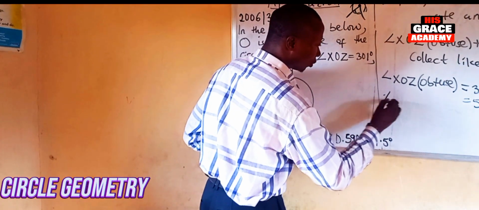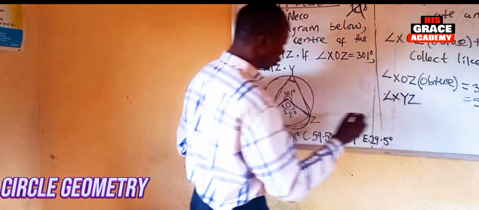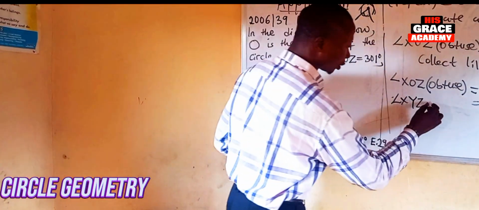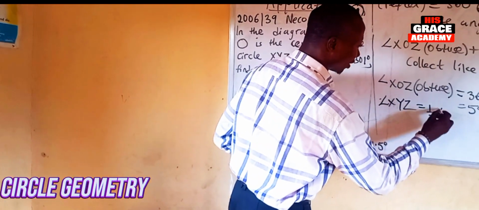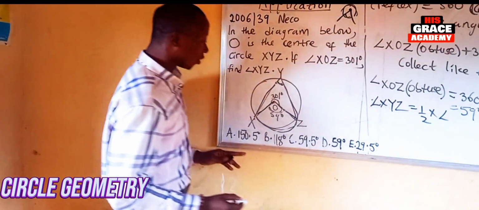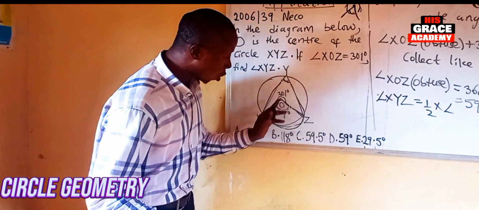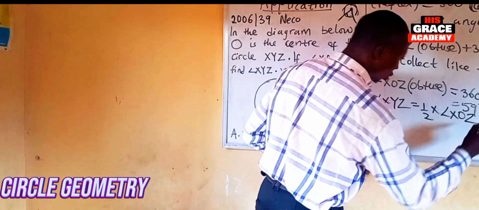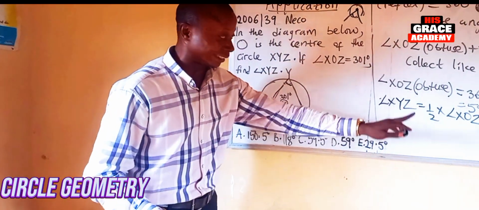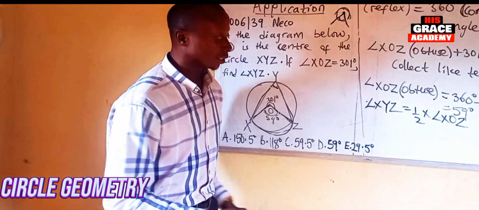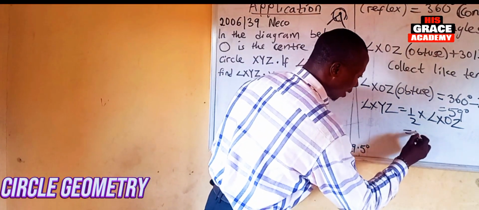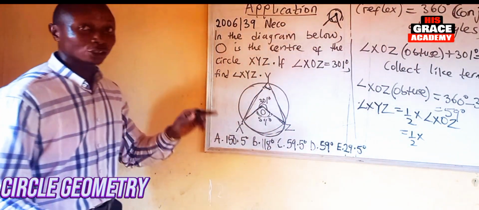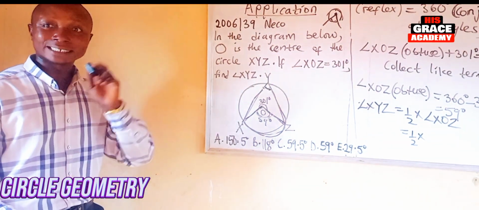Angle XYZ, which is the circumference, is equal to half of angle SOZ, and the SOZ there is this case. The reason is that the angle at the center doubles the angle at the circumference.